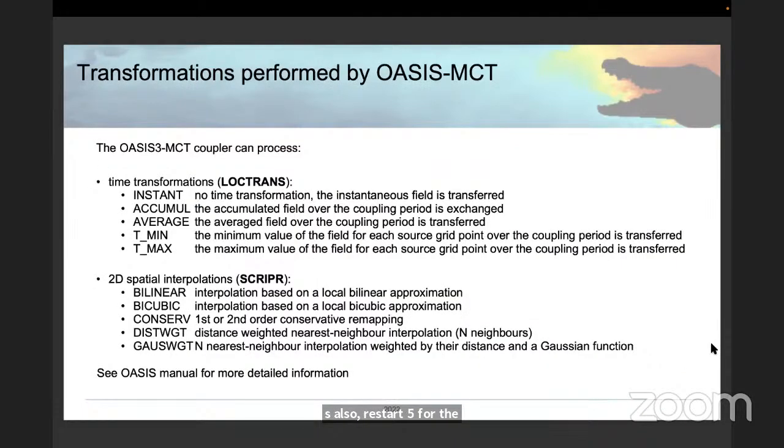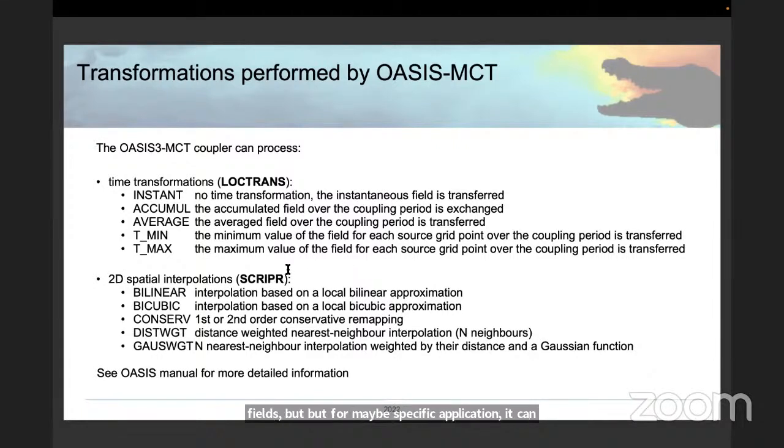The time transformations that can be done by Oasis are typically instantaneous, exchange instantaneous fields, so no time transformation, accumulation over time, average, and also give minimum and maximum value. In our case, honestly, we always use either instant or average fields, but for maybe specific application, it can be something else.